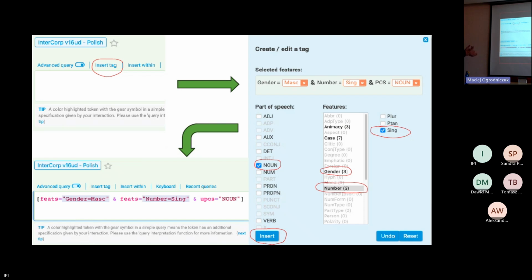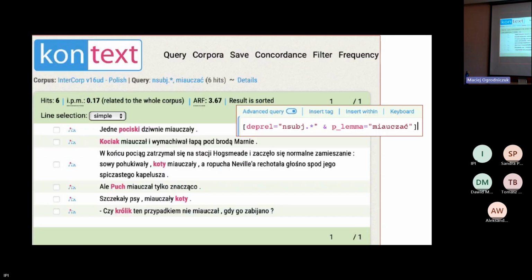And if you click properly, you get this query that you can use for searching. For syntactic categories, unfortunately, we don't have the tag builder for deprels yet. We will have it. Yeah, we should have it.